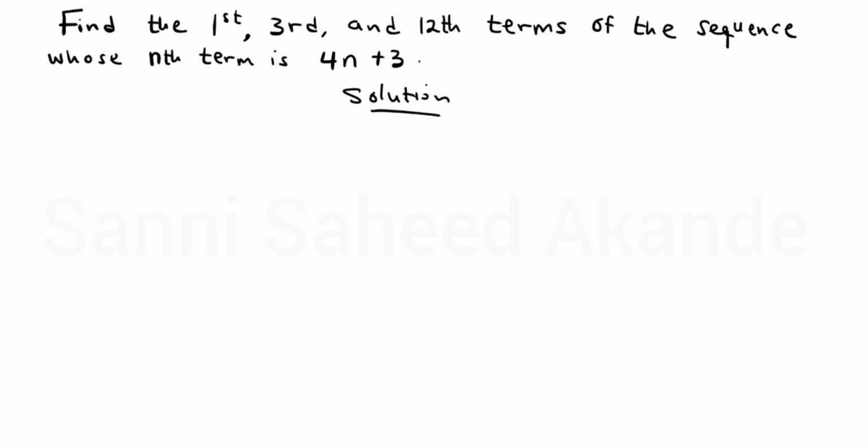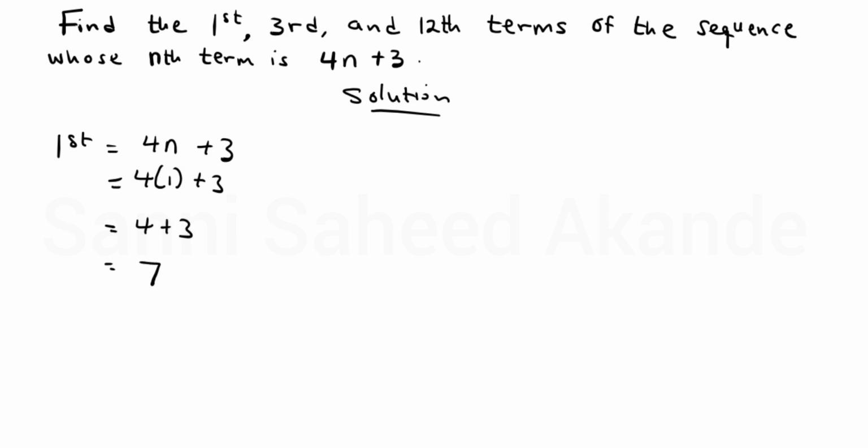The first term, using this expression 4n plus 3, where n is the number of the term, and the number of the term here is 1. So we have 4 times 1 plus 3.